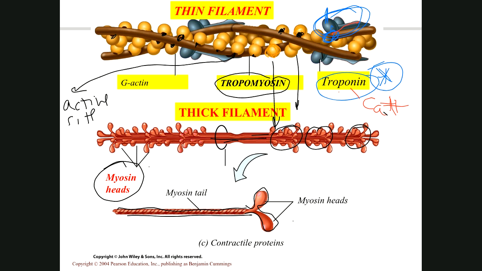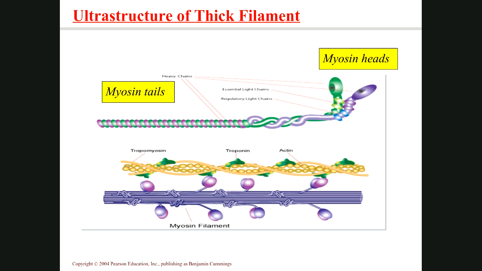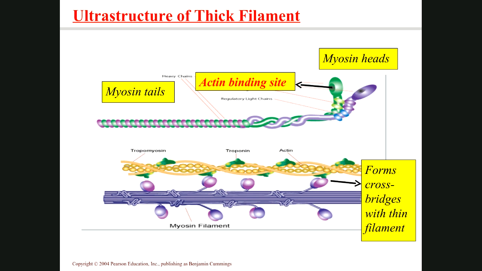Okay. Let's see if another PowerPoint explains things better. Okay, we got that. Okay, so you can see here the position of the myosin heads close to the thin filament with the actin. The myosin heads have an actin binding site.